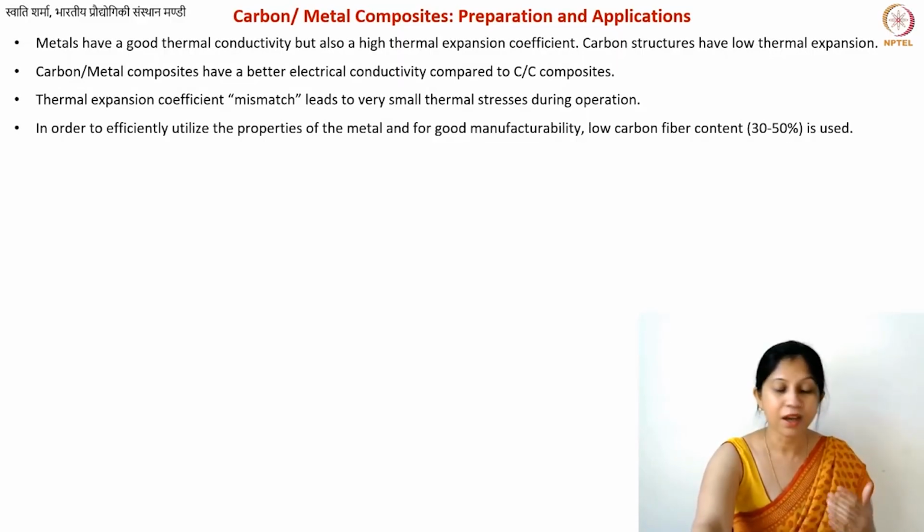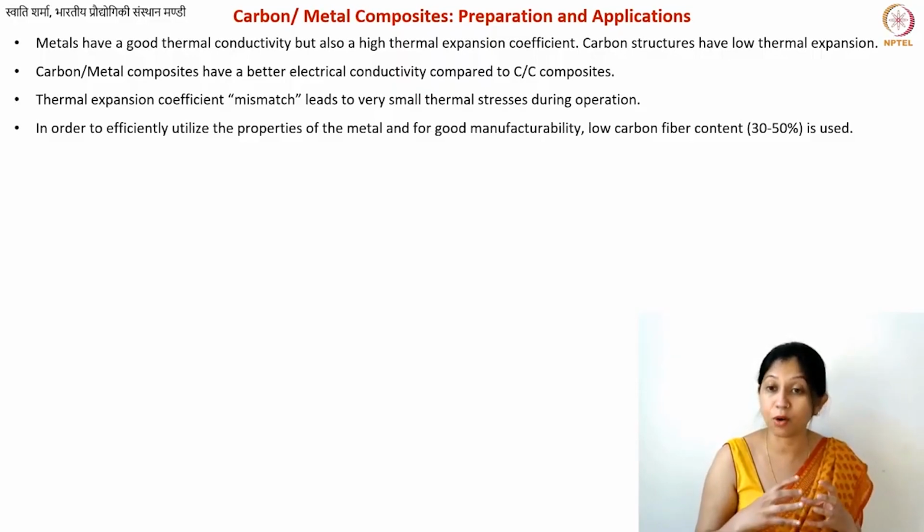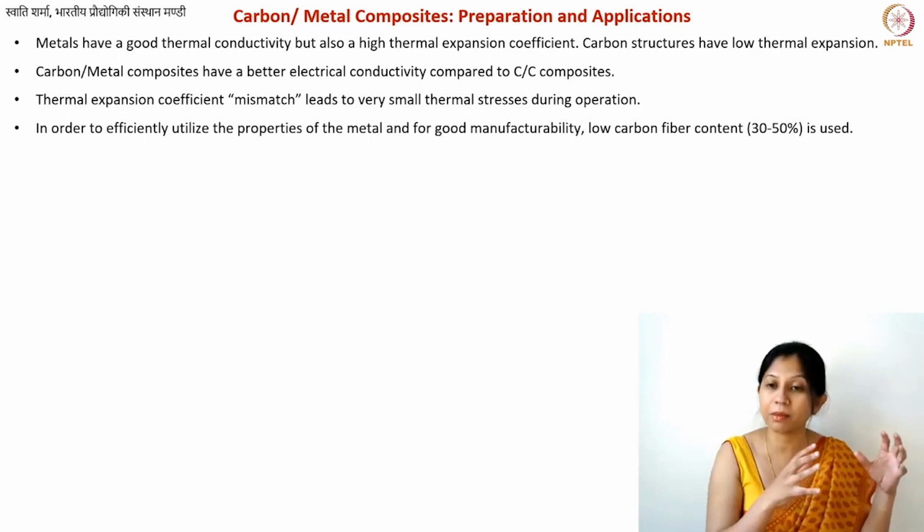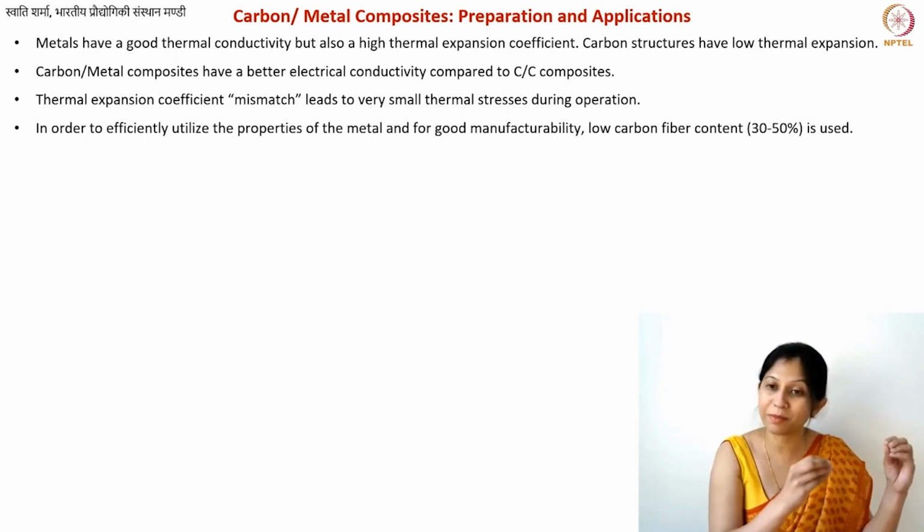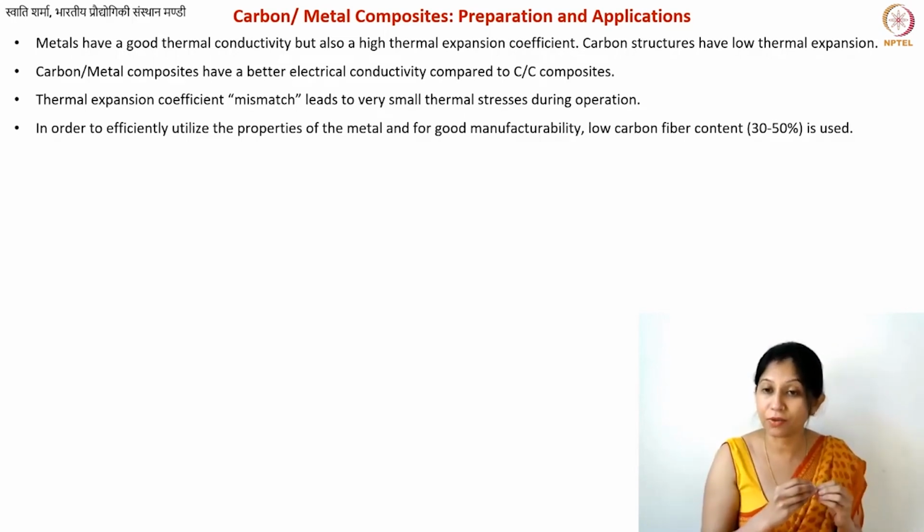But in the case of metal matrix composites, it's slightly lower, because often you want to utilize the properties of your metal efficiently. You don't want to reduce the thermal conductivity or electrical conductivity of your overall structure. So the goal here is to strengthen the metal, utilize the properties of the metal rather than that of the carbon fiber.